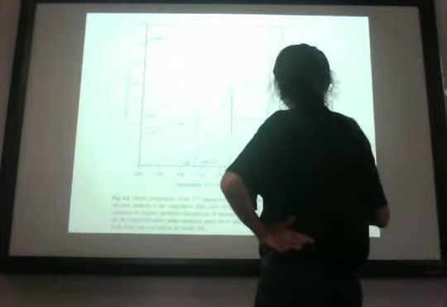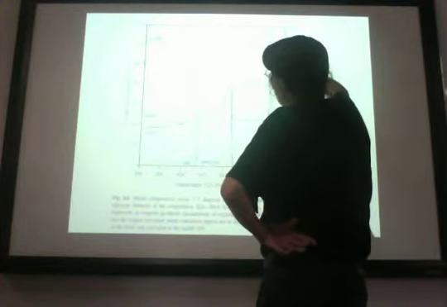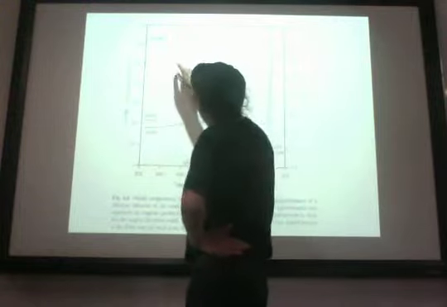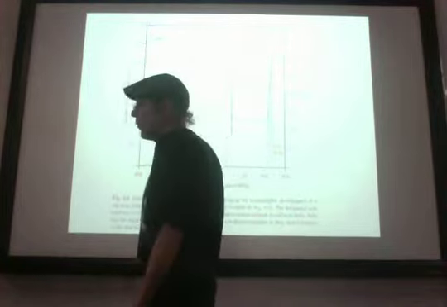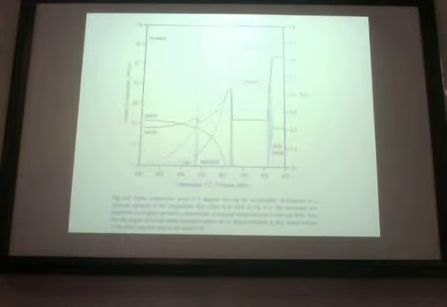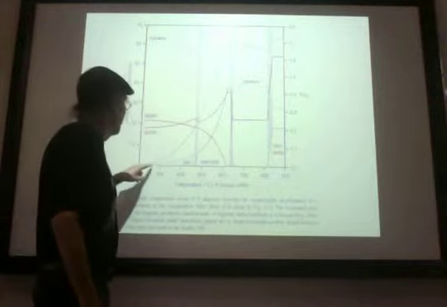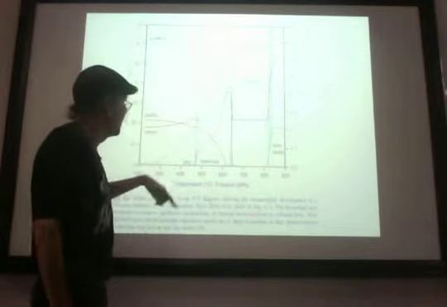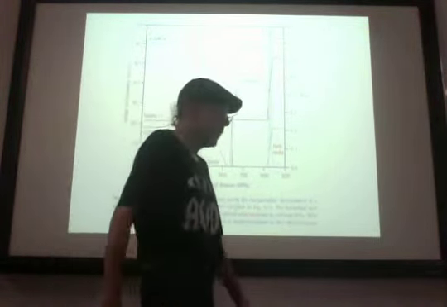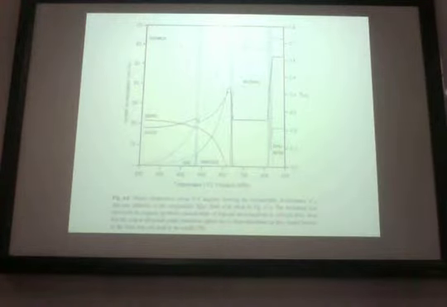If you have a CO2-rich fluid, then you are forming at temperatures below 500 degrees Celsius a lot of dolomite, because dolomite is a carbonate mineral. If your fluid contains less CO2, then you are forming more quartz. And if your fluid is very rich in water, then at temperatures below 500 degrees Celsius you are forming talc.